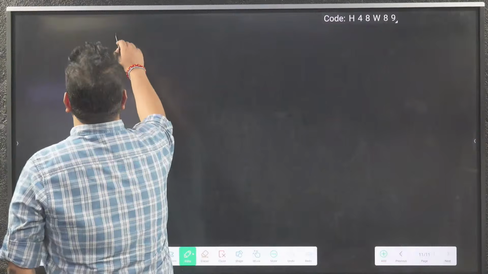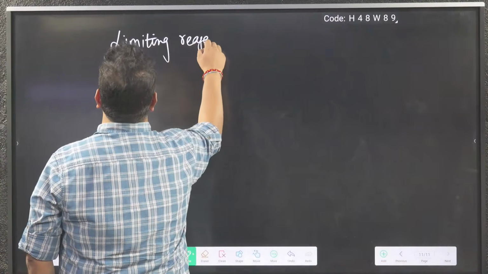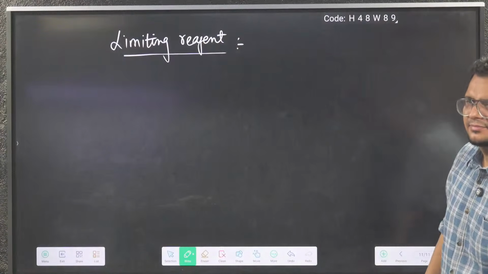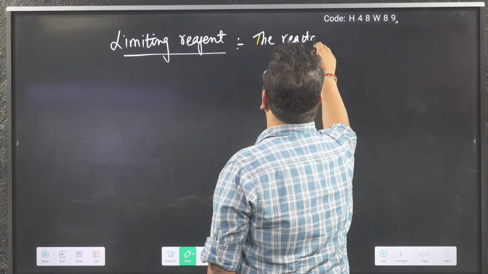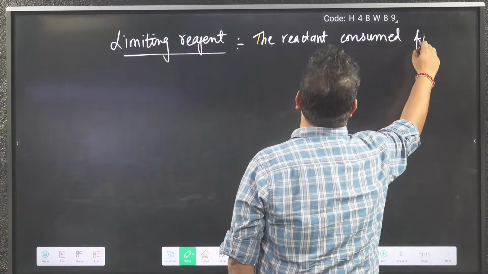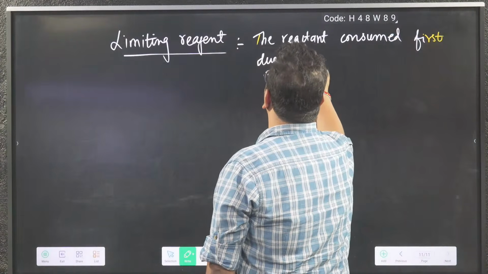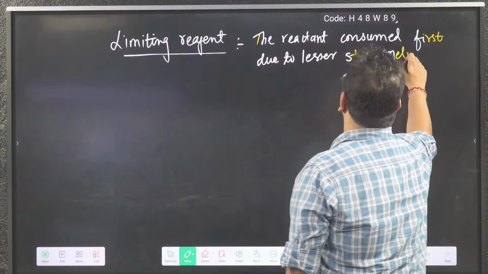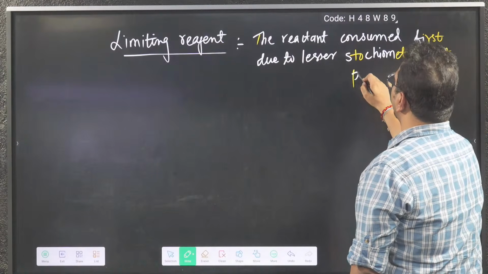Now, write down: limiting reagent. The reactant consumed first due to lesser stoichiometric amount present initially.